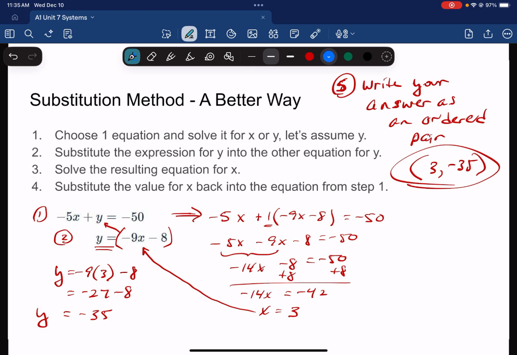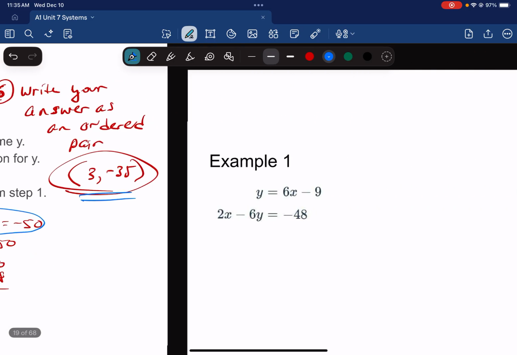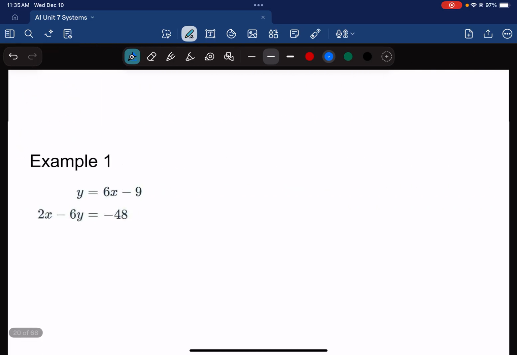And we solved that, step 3, and got x equals 3. Once we knew x, we had to go get partner y, so we went back up to this y equals equation, plugged 3 in for x, and got negative 35. And the big finish is the right answer as an ordered pair. Okay? Let's look at some other ones like that.